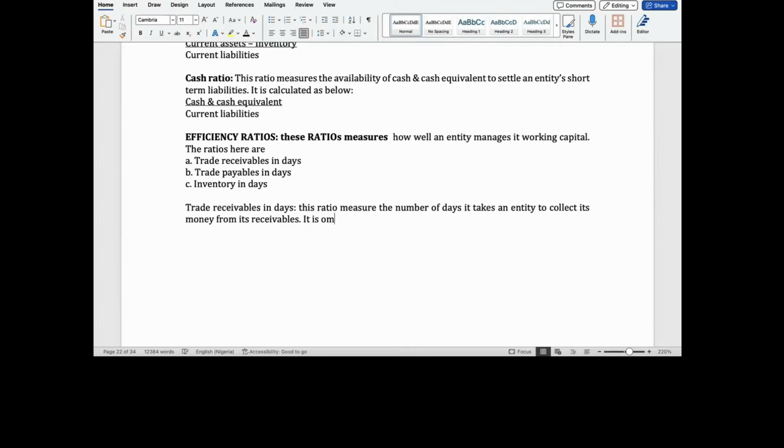And it is computed, you can remind me, how do you compute receivables in days? Is it credit sales over receivables, or receivables over credit sales?